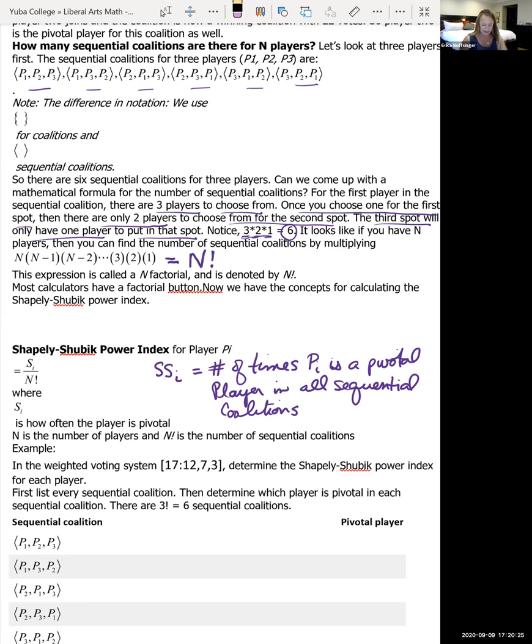So n is the number of players, and n factorial is the number of ways that we can write those sequential coalitions with those n players.